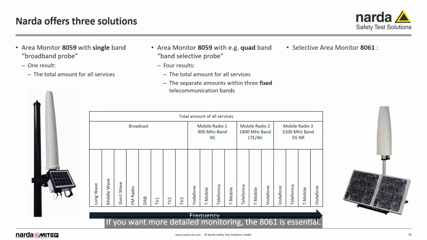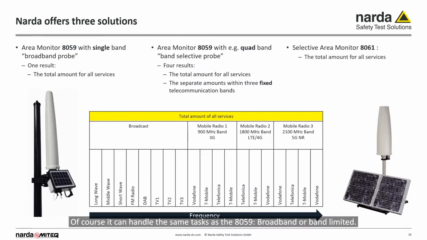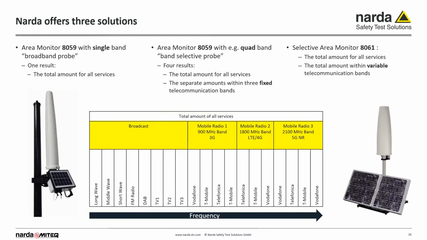If you want more detailed monitoring, the 8061 is essential. The 8061 is a selective area monitor, what you might call a Swiss Army knife of area monitors. Of course, it can handle the same tasks as the 8059, broadband or band limited. But it can go into much finer details.